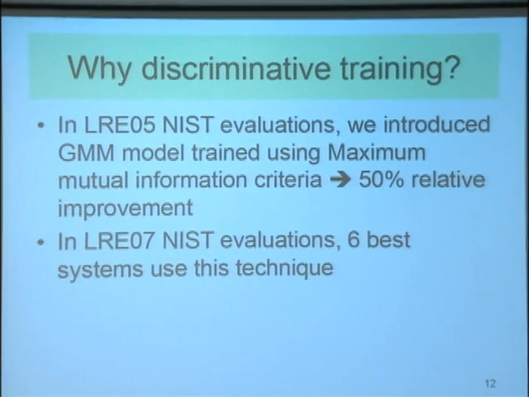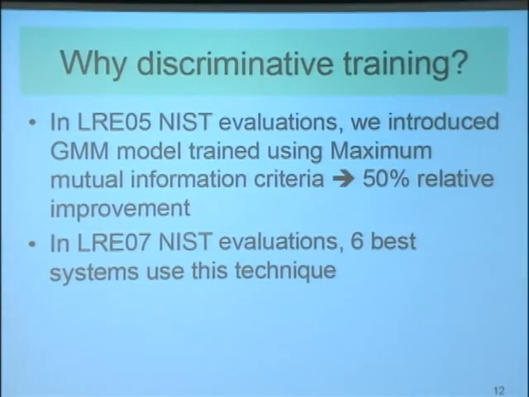Actually, it proved to be successful for other tasks. For LRE, which is the language identification NIST evaluations, the Brno team actually started with discriminatively training Gaussian mixture models. Well, people also used support vector machines and called it discriminative training.